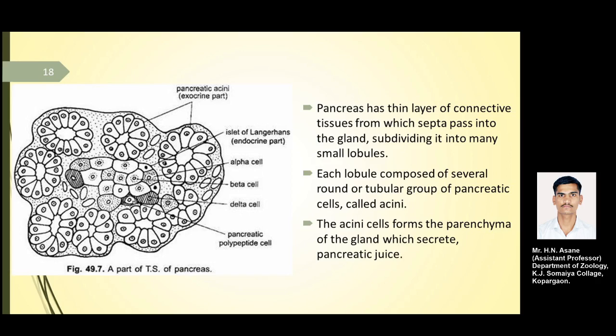The beta cells secrete the hormone named insulin, which regulates sugar metabolism. The sugar level is maintained by the secretion of insulin by the beta cells. The deficiency of insulin causes the metabolic disease known as diabetes mellitus.